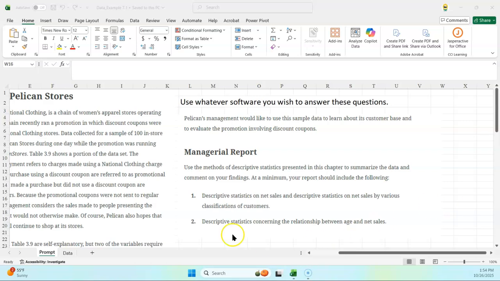The second thing that I want you to do is you look here, descriptive statistics concerning the relationship between age and net sales. So this one, remember, I've only given you one statistical thing in your toolbox that does relationships. And what is that? Well, that is our correlations. So on this one here, you'd be calculating correlation coefficients, or you could be using the XY scatter diagrams and also applying a trend line.